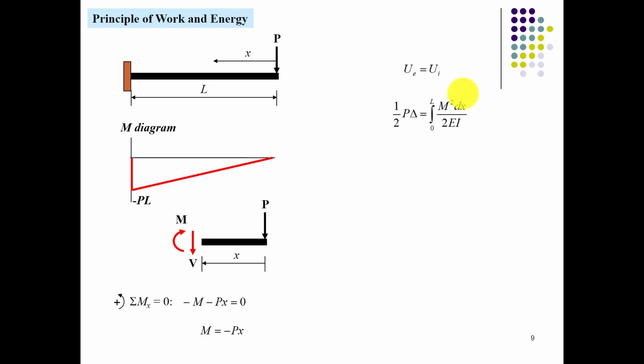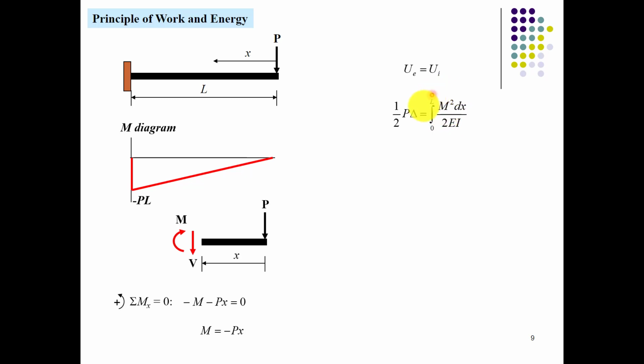So the externally applied loading causes deflection or some rotation. The external applied forces cause the deflection, which can be calculated by the external work done, which is half P delta, and the internal strain energy can be calculated in the form of the formula which we derived earlier.